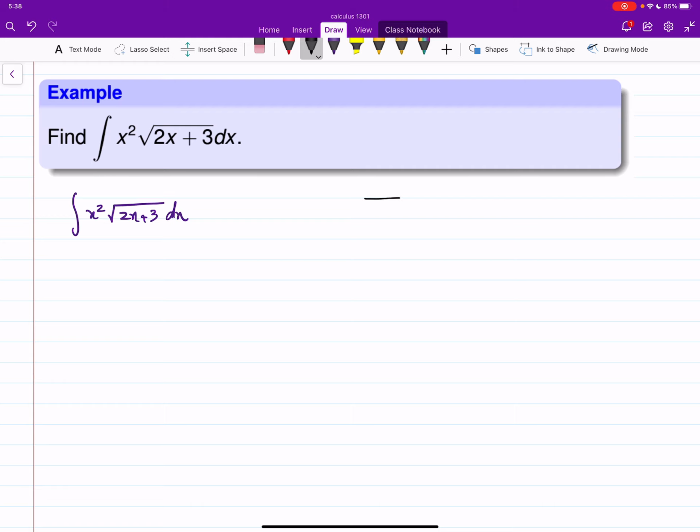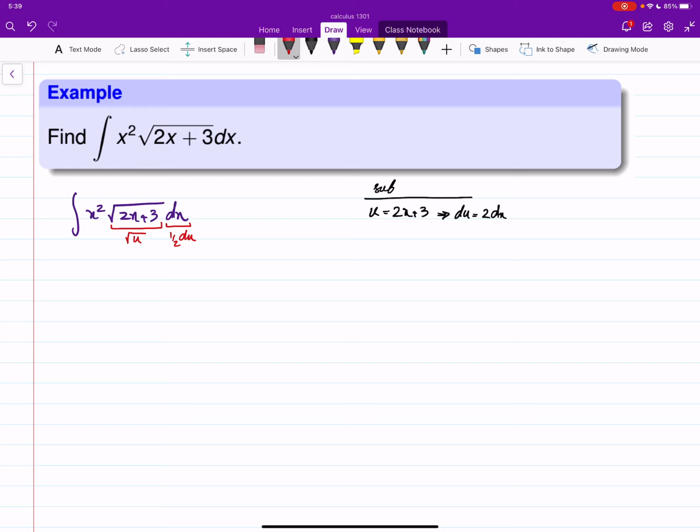So I'm using a substitution here, setting u to be 2x plus 3, the whole linear term under the square root. This way du is going to be 2 dx. Then you look and say, okay, I have root u here, and this is half of du. That's good.